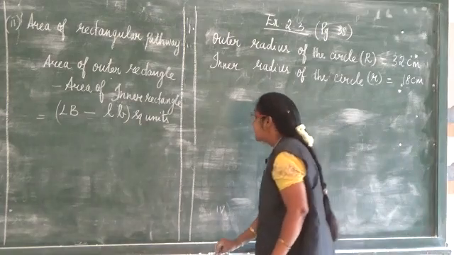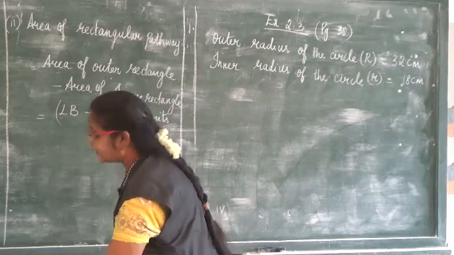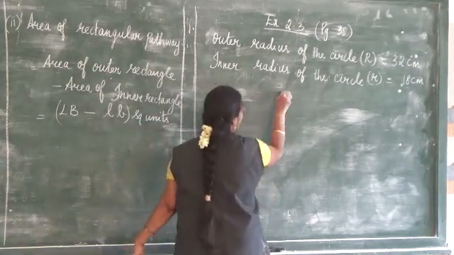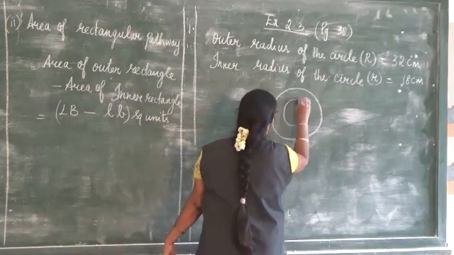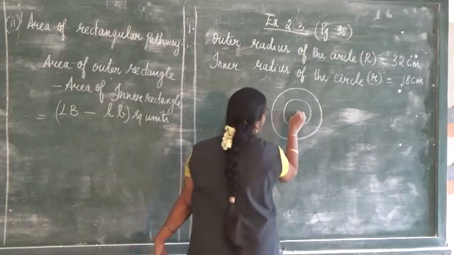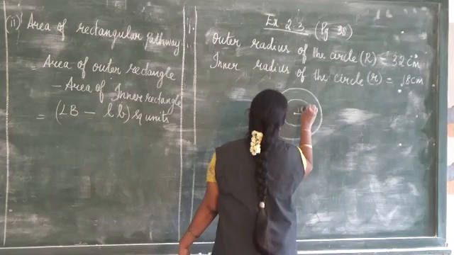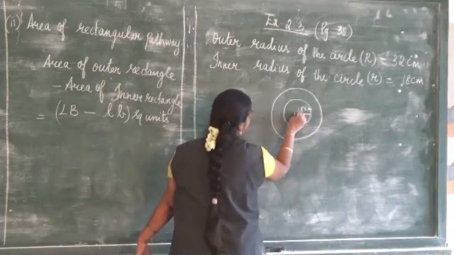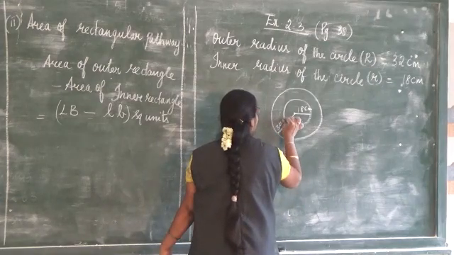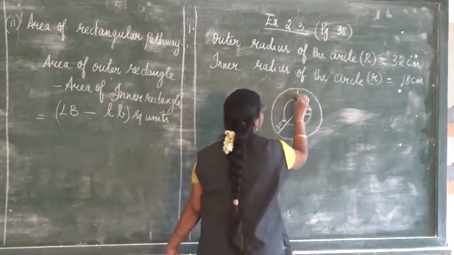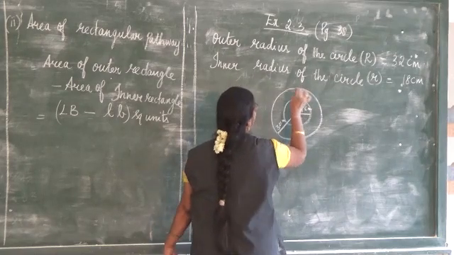You have to find the area of the circular pathway. This is the outer circle and this is the inner circle. The inner circle radius is 18 centimeter and the outer circle radius is 32 centimeter. You are going to find the area of this pathway. This is the question mark.